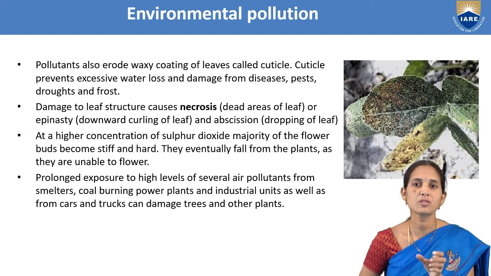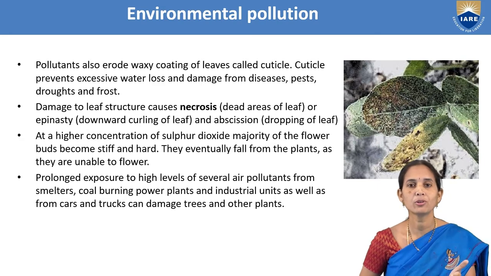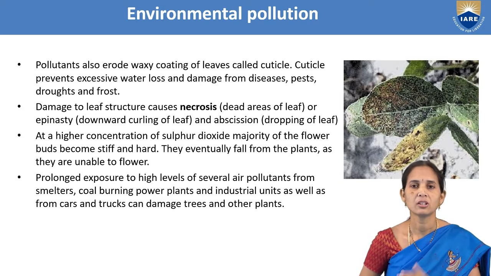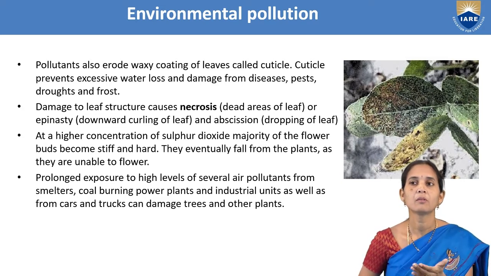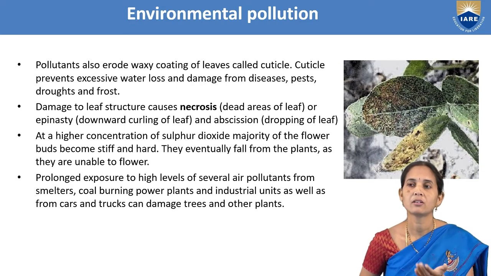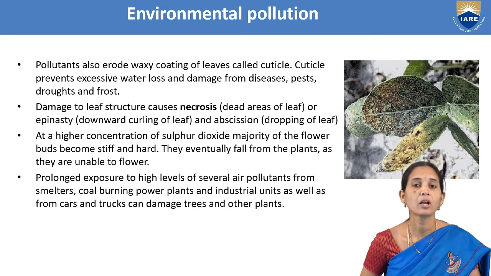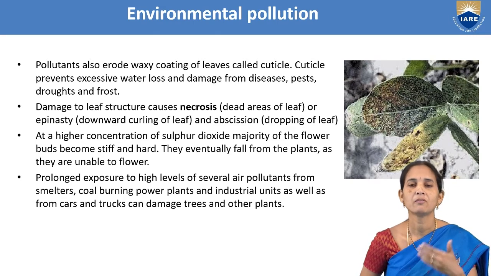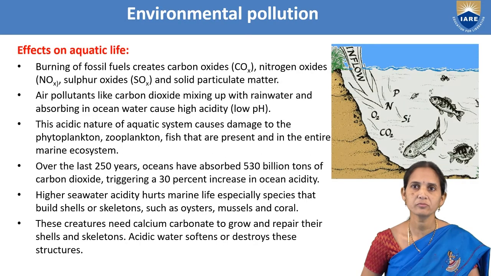So prolonged exposure to high levels of several air pollutants like SO2, NO2, or any suspended particles present in the air is polluting and damaging the plants and the trees. Here we can see leaves dropping down, and flower buds also dropping down. Finally, we cannot save the plants.